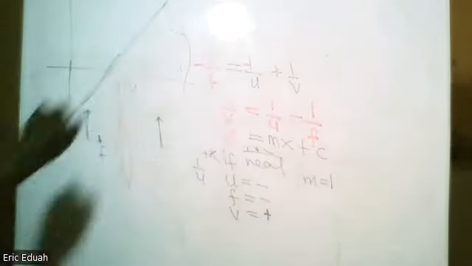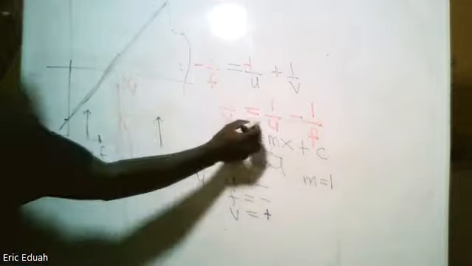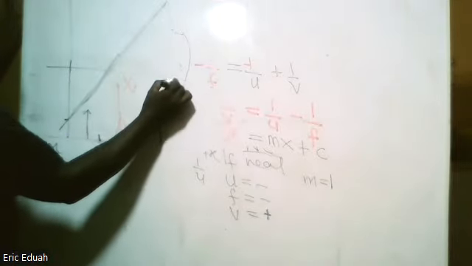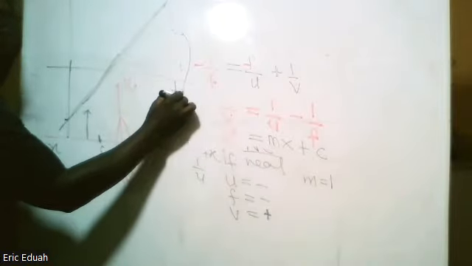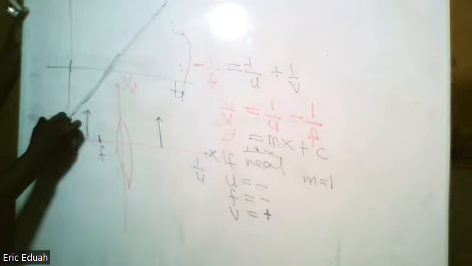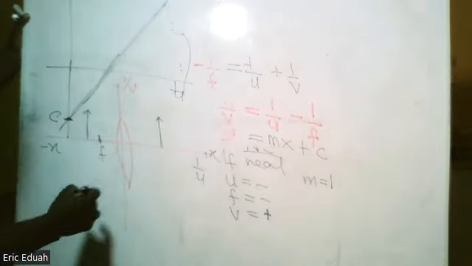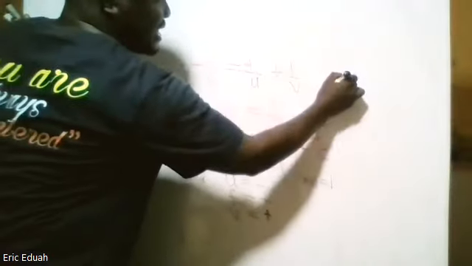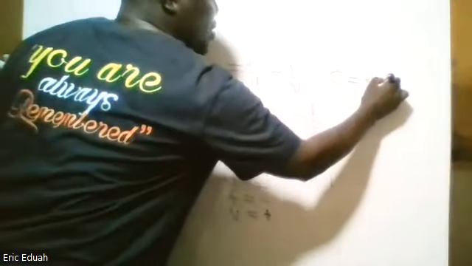So this will be the equation of the line where our y is 1 over V, our x is 1 on U, and then the intercept C is where the line cuts the vertical axis. So from here we realize that the intercept C is equal to negative 1 on F.